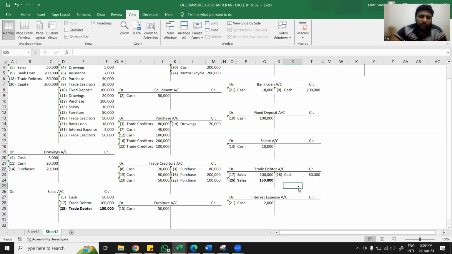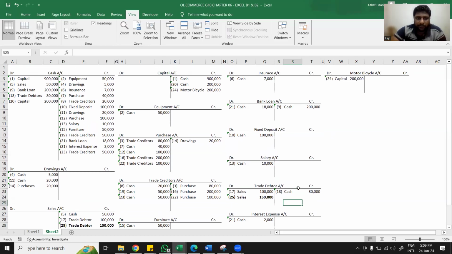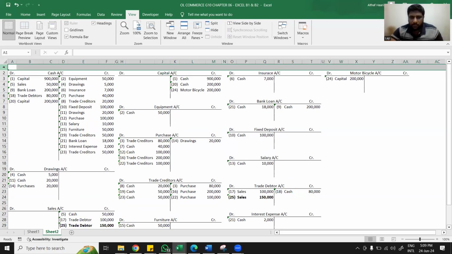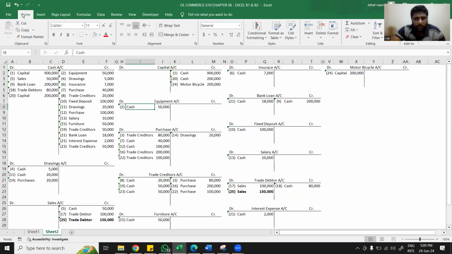Debtor accounts debit 150,000, sales account credit 150,000.